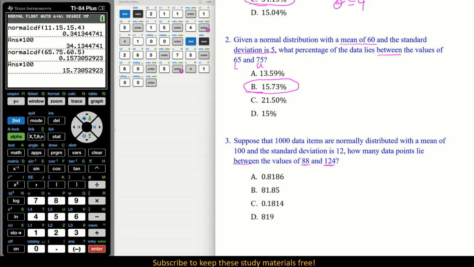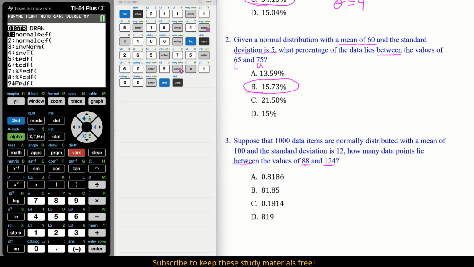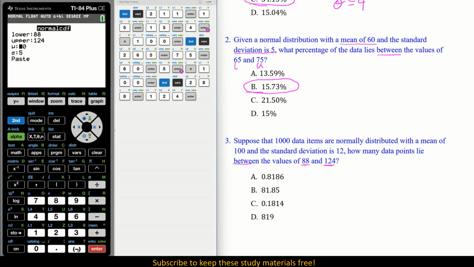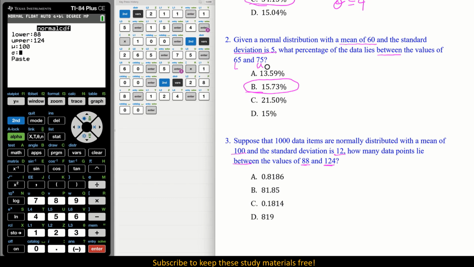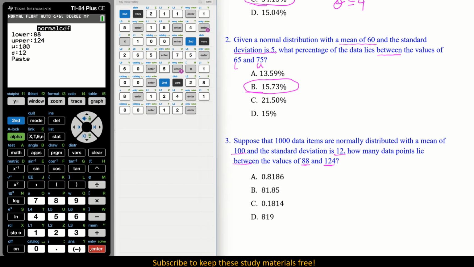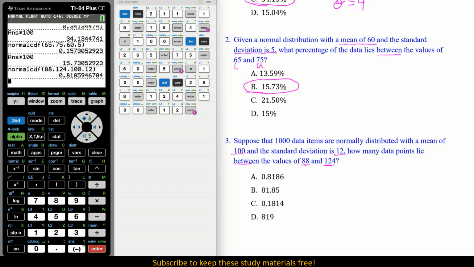There's more than one way to do this, but let's do the simplest with our calculator. Again, we push second vars, number 2. Our lower is 88, enter, upper of 124, enter. They give us a mean of 100 and a standard deviation of 12. Now push enter, enter, and enter again. This gives us a value, but the question doesn't just ask for the percent.